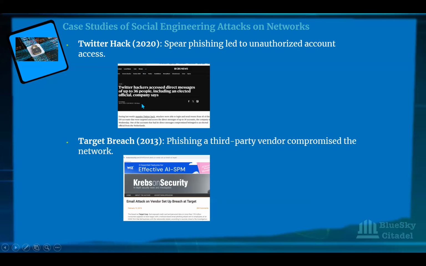They were able to access and send direct messages from up to 36 accounts, including an elected official, I think Barack Obama, and also Elon Musk and Bill Gates. You can imagine the power of social engineering.